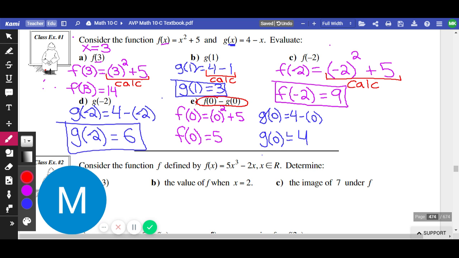So if f of 0 is 5 and g of 0 is 4, they're asking you what's 5 minus 4. And that's the actual question. So we would go 5 minus 4 equals 1. That means function f of 0 minus function g of 0 would equal 5 minus 4, which equals 1.